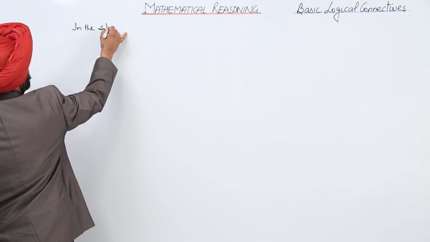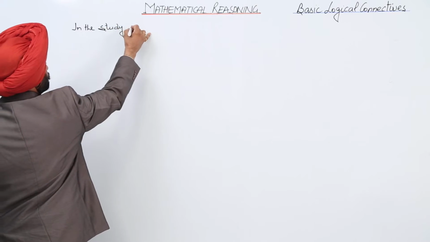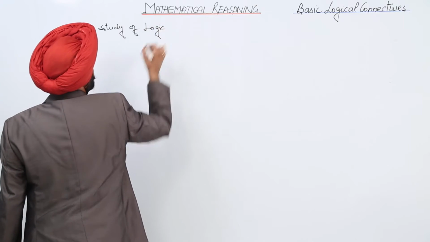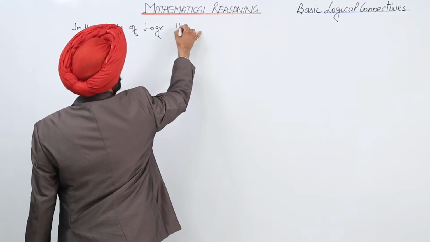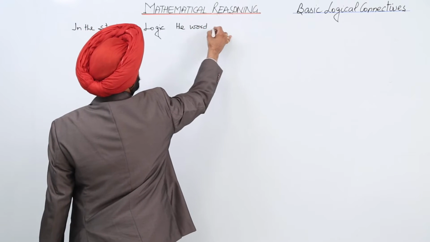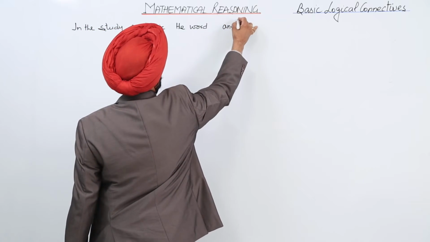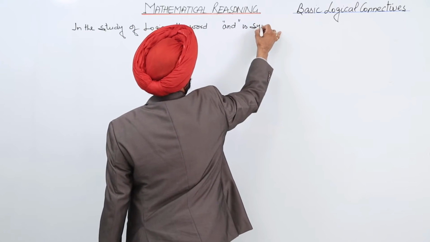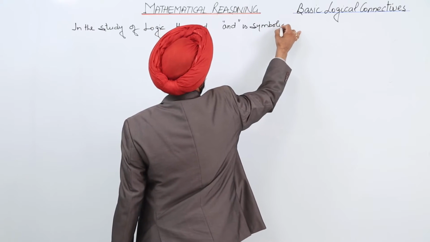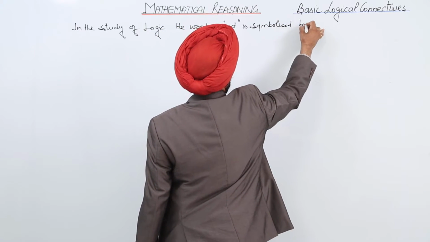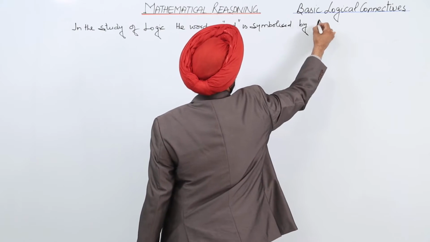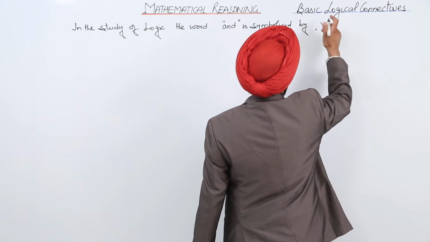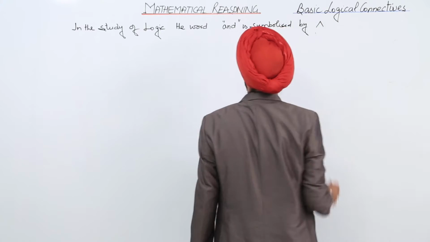Now, in the study of logic, the word "and" is symbolized by this symbol we are using. Okay, we are using this symbol for "and", like this.